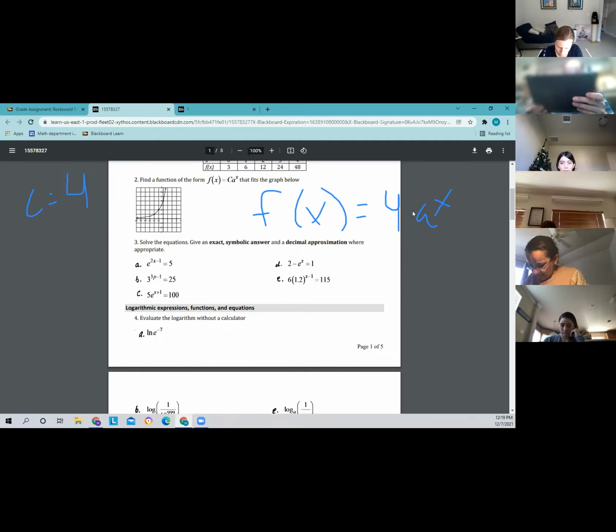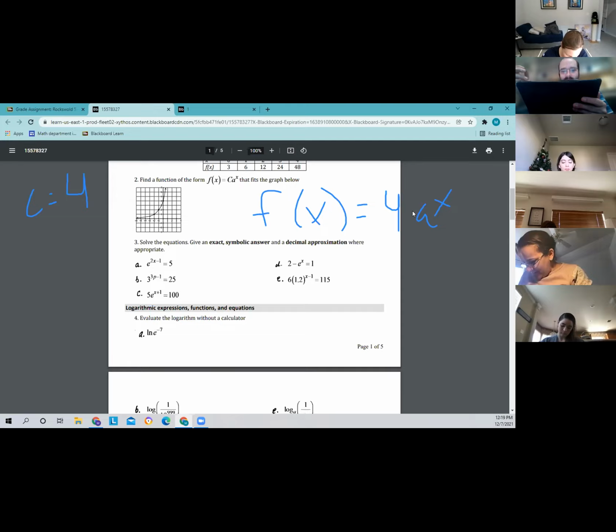How do we get that? What are we plugging in? I take 2 points in the table and then I plug them in to find A. Okay, so what point did you use? You just need 1 point.